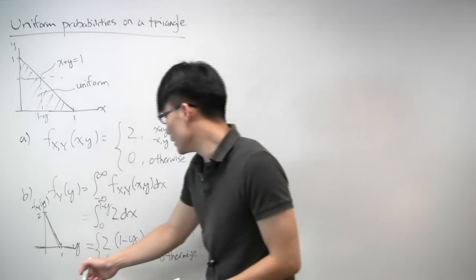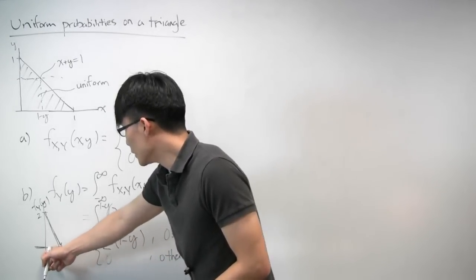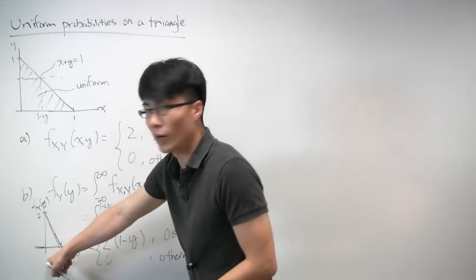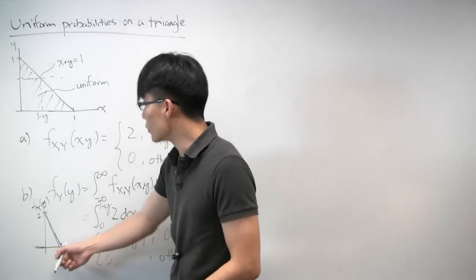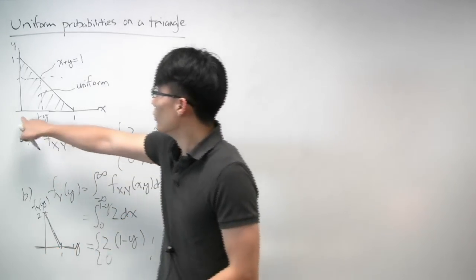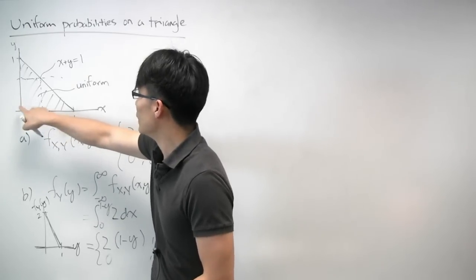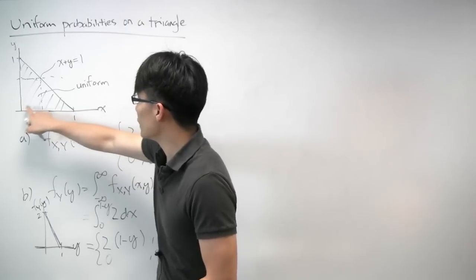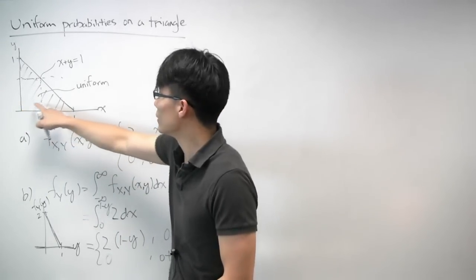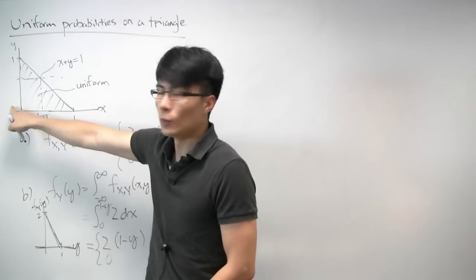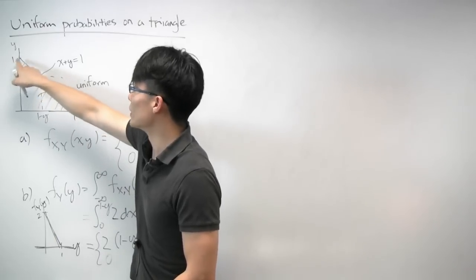The other thing we notice is that there is a higher density for smaller values of y. So why is that? Why are smaller values of y more likely than larger values of y? Well, because when you have smaller values of y, you're down here, and there are more values of x that go along with it that make that value of y more likely to appear. Say you have a large value of y, then you're up here at the tip.